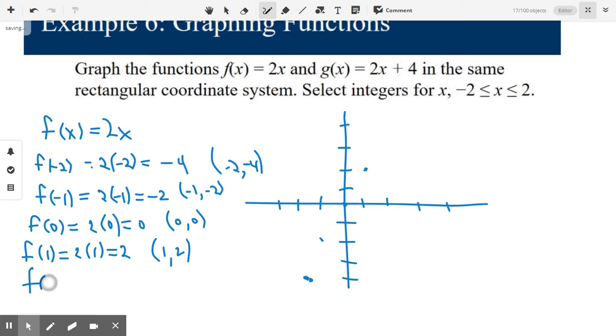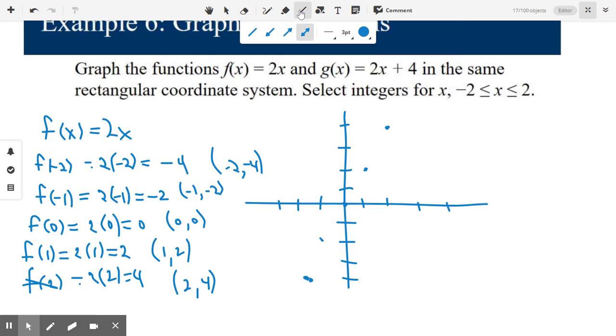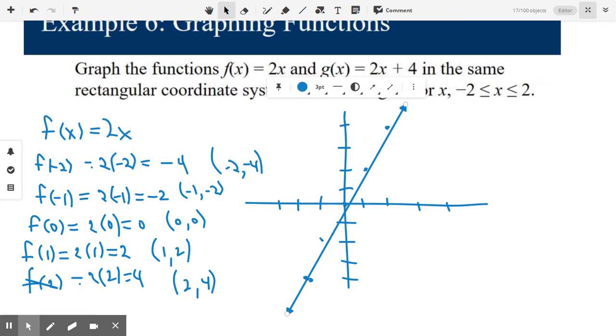And then f of 2, 2 times 2 equals 4. So when I plugged in 2, I got a y value of 4. And notice, I get a line here. I ended up with a line.